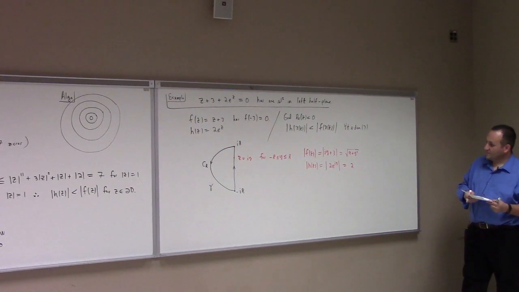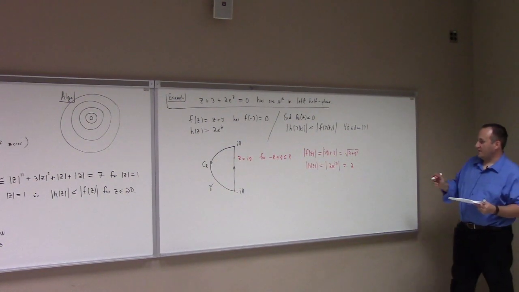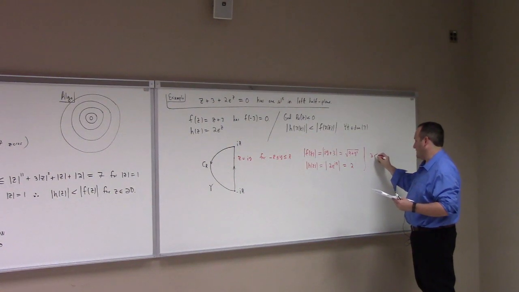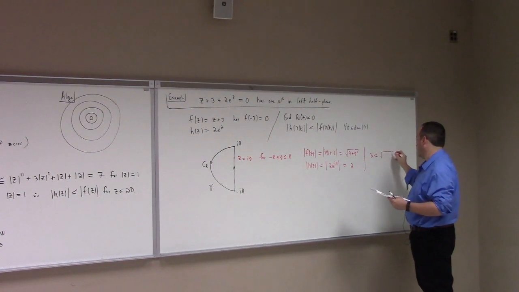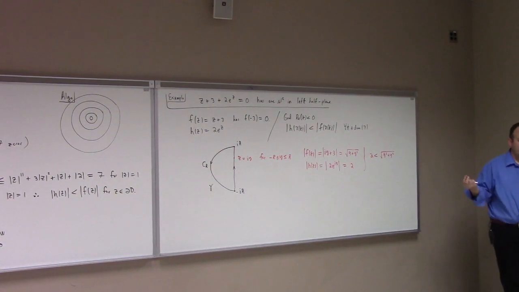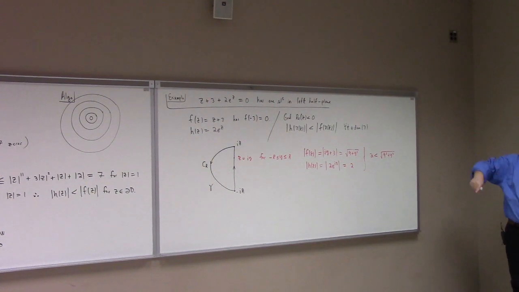So it should be quite clear that 2 is strictly less than the square root of 9 plus y squared, right? Because 9 plus y squared is smallest, what's the smallest value? Yeah, 3 at the origin, right? So definitely we have met the condition of Rouche's theorem on the vertical segment. What about the curved segment?